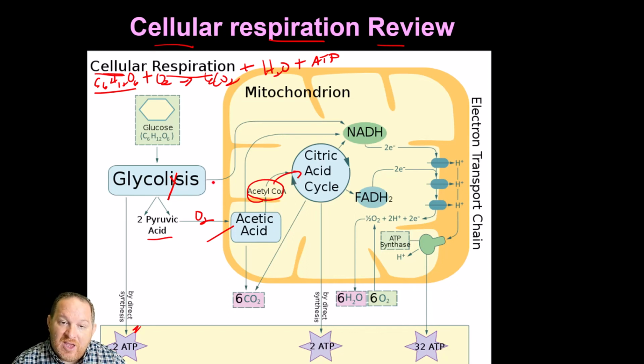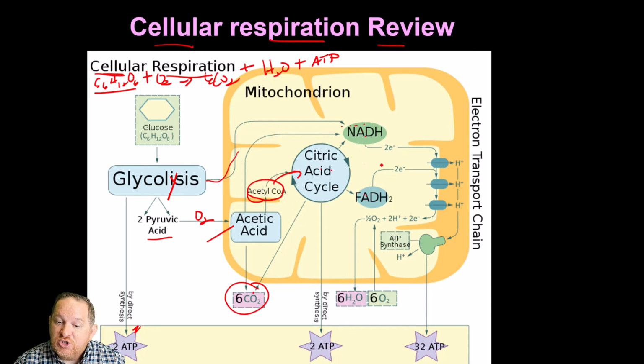Remember, glycolysis gives us some NADH. You see that line there? Pyruvate oxidation gave us some CO2, as well as the citric acid cycle gave us some CO2 as well. Now, electron carriers are what's made in citric acid cycle, NADH, FADH2.